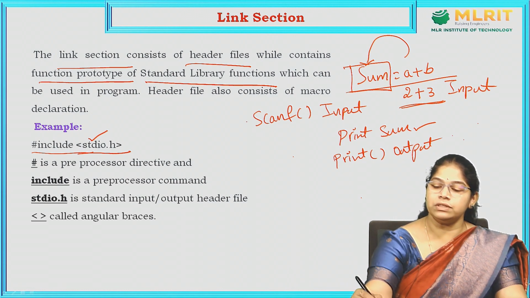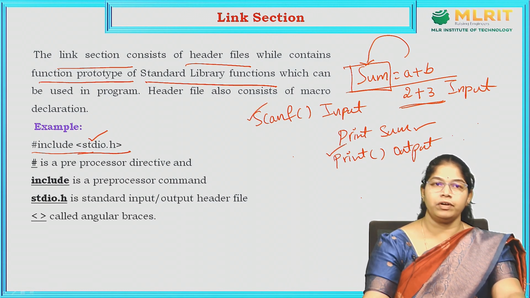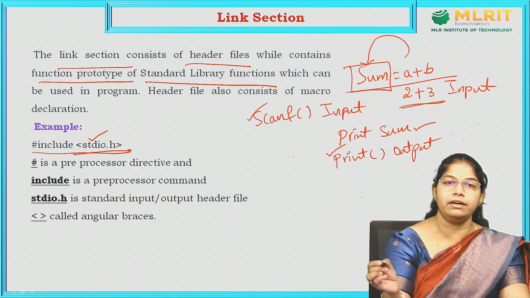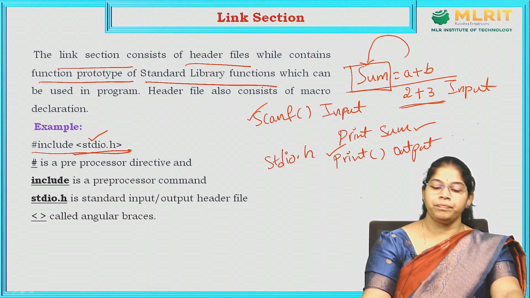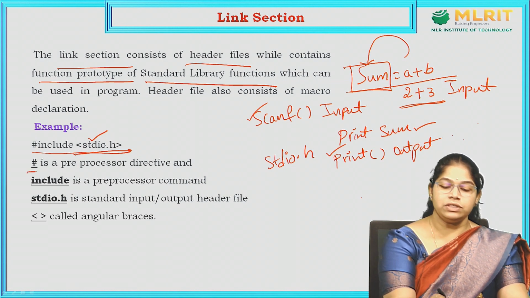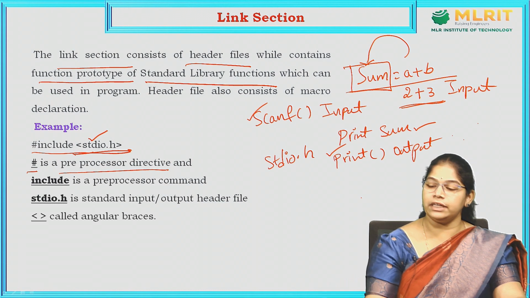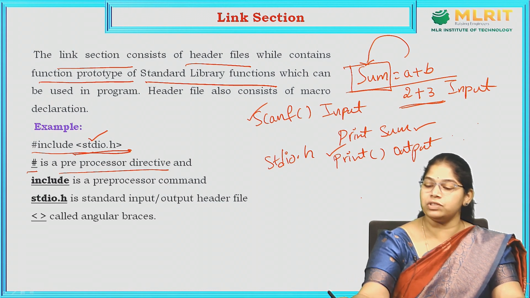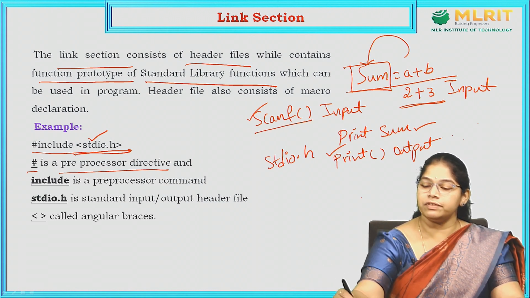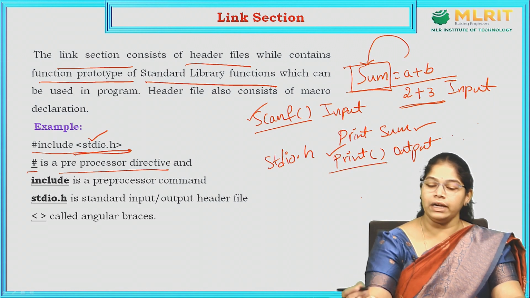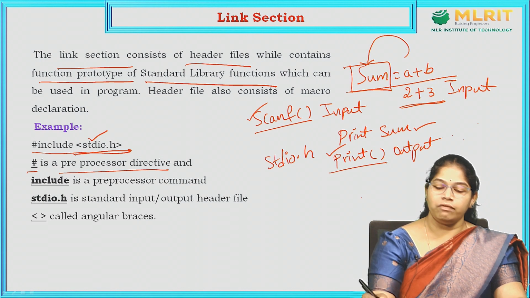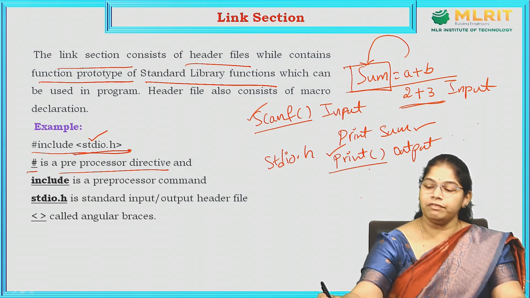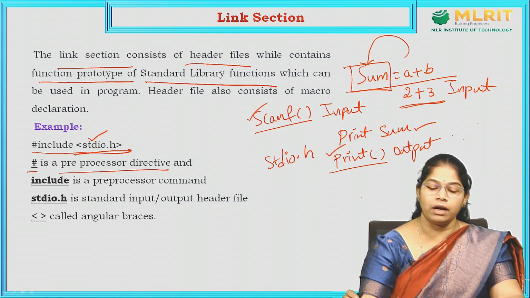These two functions, scanf and printf, are already defined in the header file stdio.h, where hash is the preprocessor. This preprocessor directive is used to fetch the code of scanf and printf and include it in our program, so that we can perform scanf and printf operations in our code.